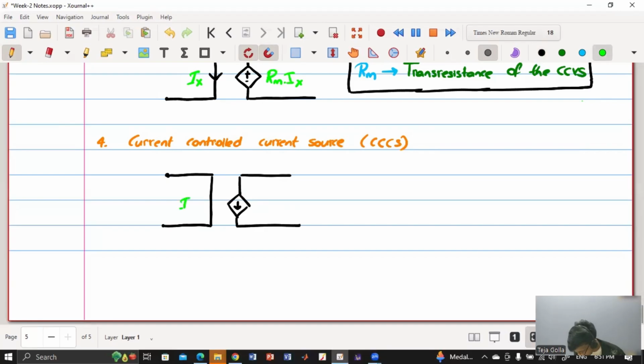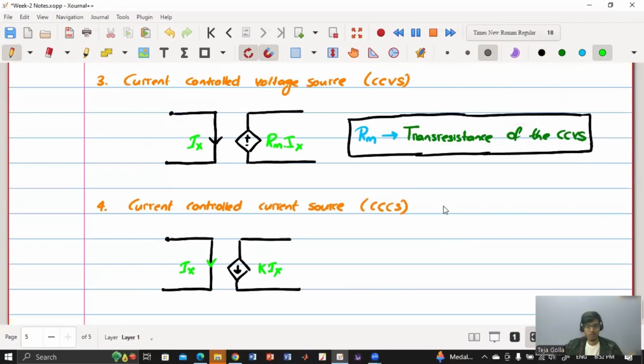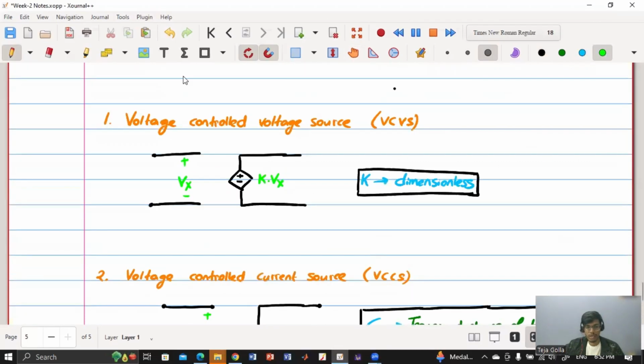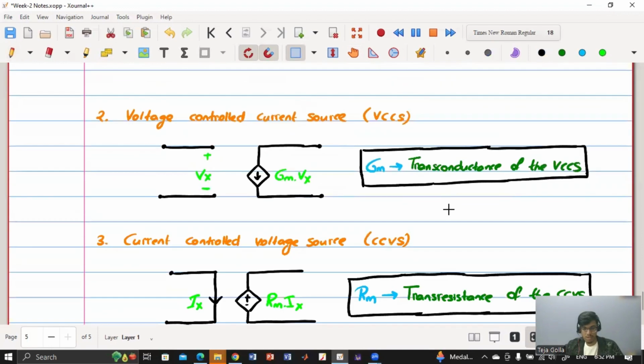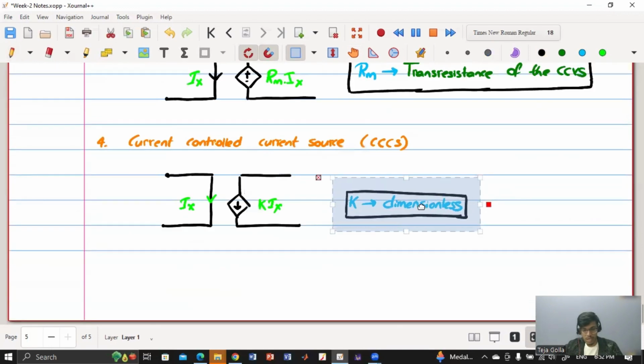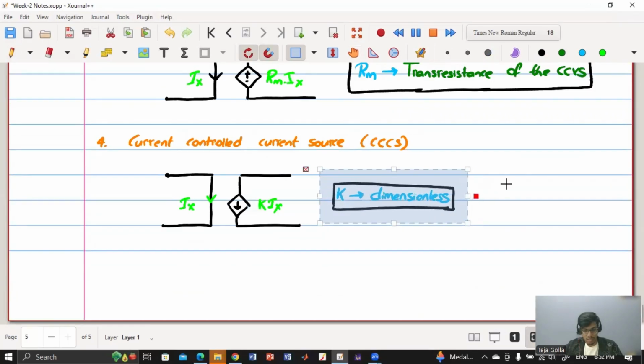So if this value is Ix, this will be K into Ix, right? And what will be the dimension of K? It is also dimensionless because it is converting current into current. So that gain will have no dimension, and that's why K is dimensionless.